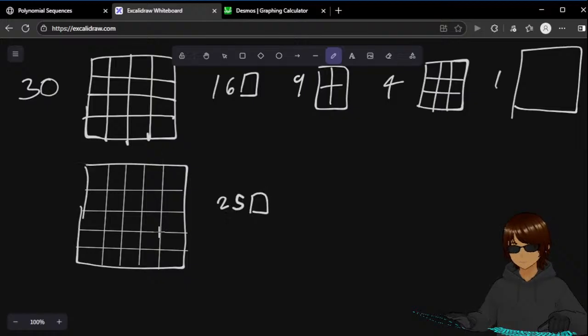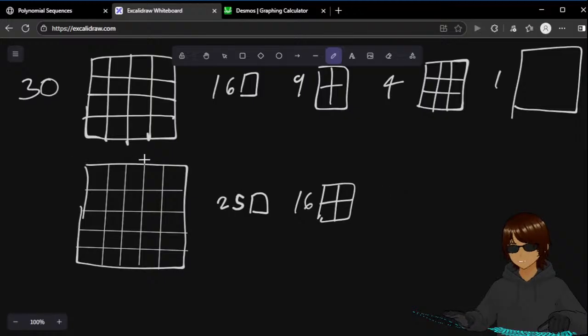And then the 2 by 2 ones, sorry, wait, the 4 by 4 ones, 16 of those.